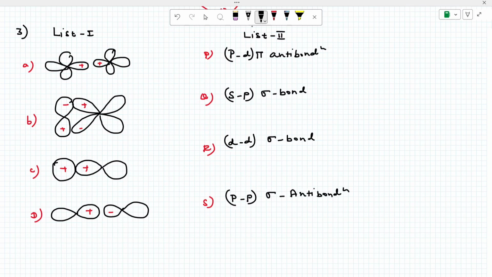Anyone? What is the answer? Try it. I give you 2 minutes. Just try the question.